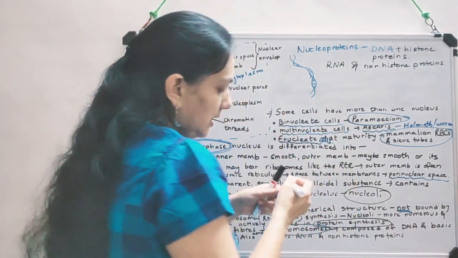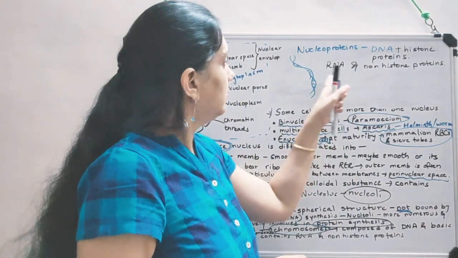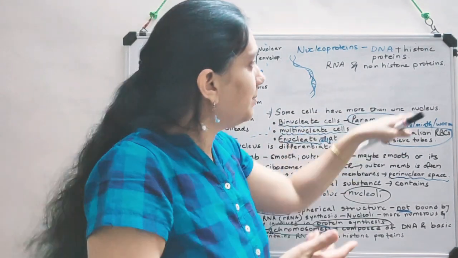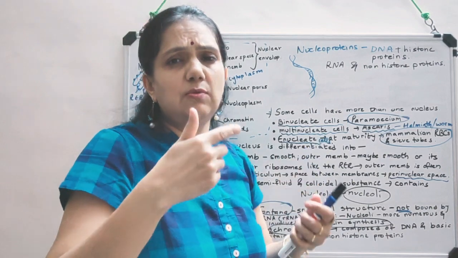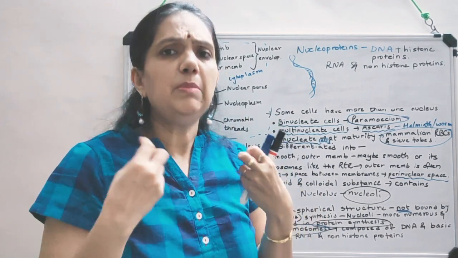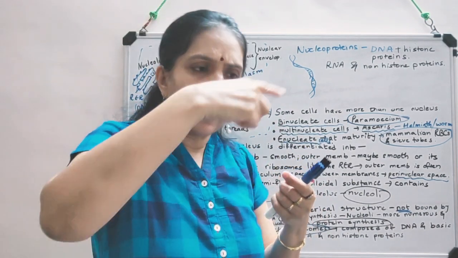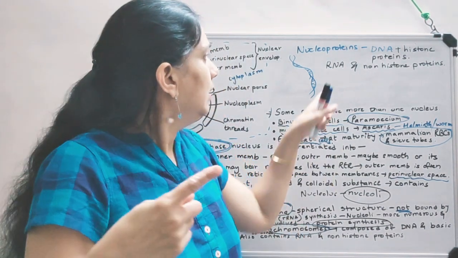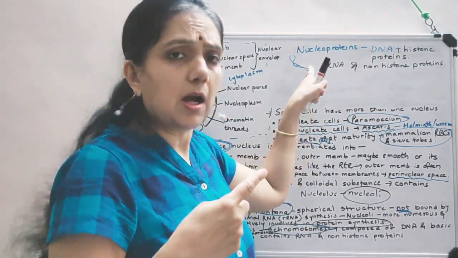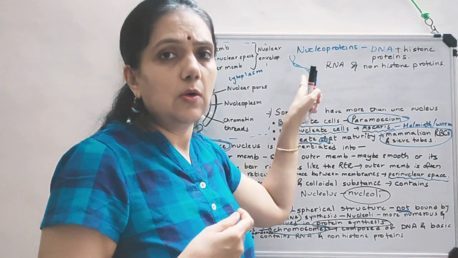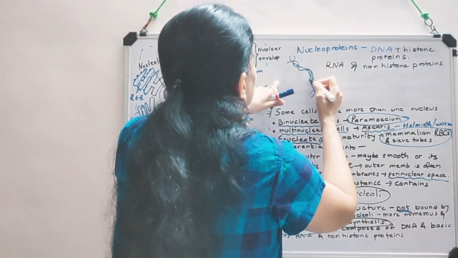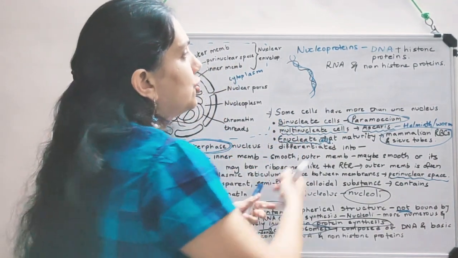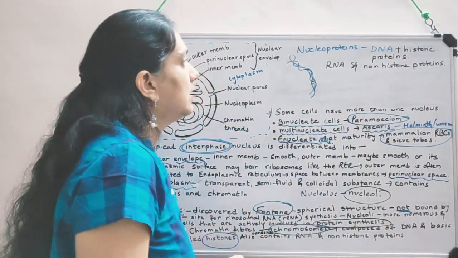Now this DNA is wrapped by the histone proteins, like a bead necklace. So these proteins are wrapped around the DNA, something like this. So that is the function of histone proteins.